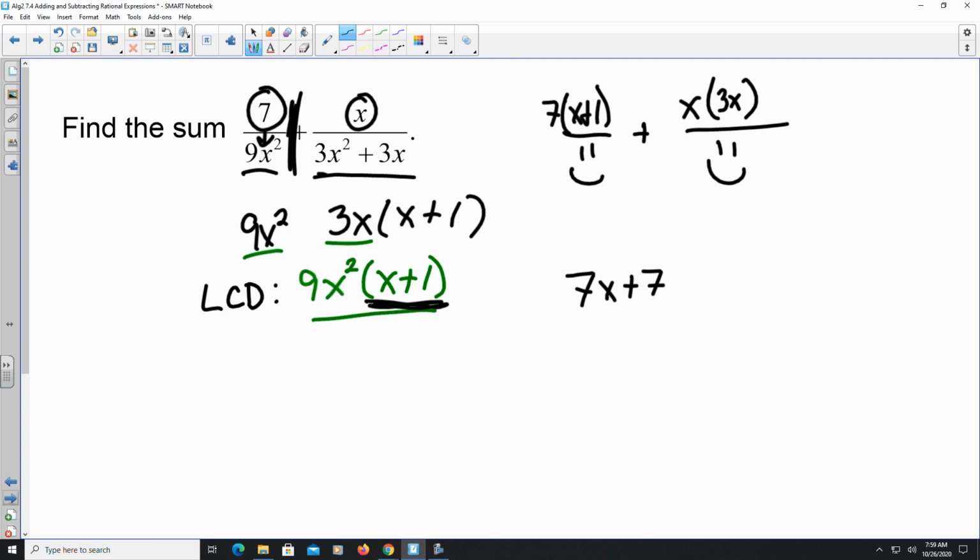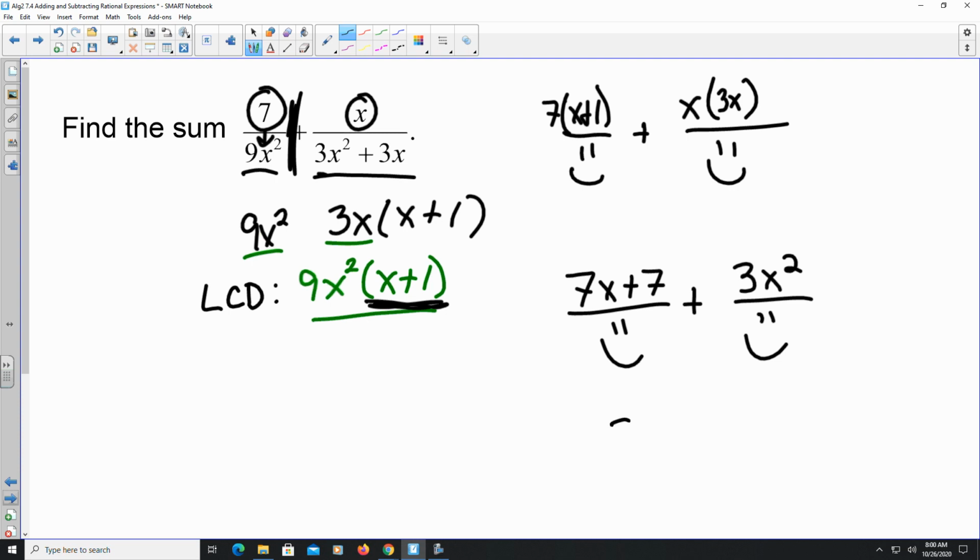So I distributed that, all divided by the LCD, plus 3x squared, all divided by the LCD. So now the last step here is to combine any like terms that we may have. In this case there isn't.